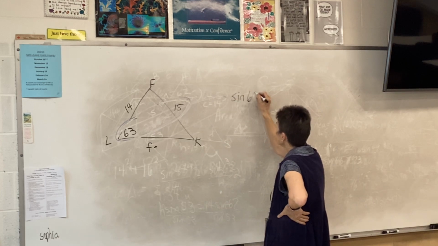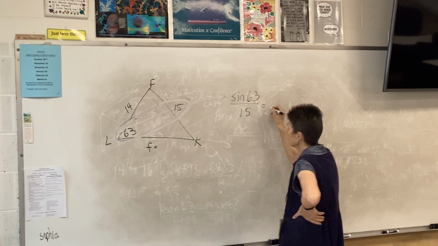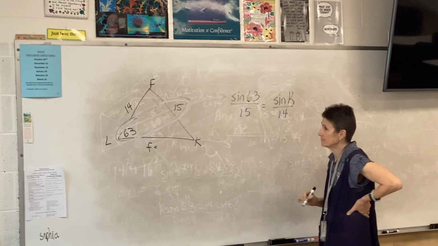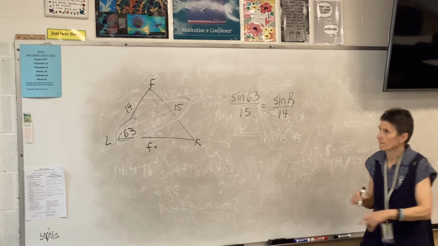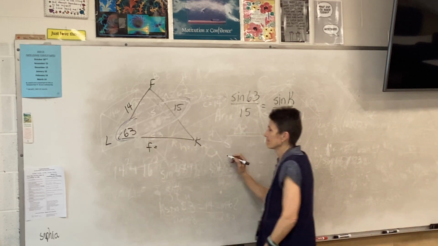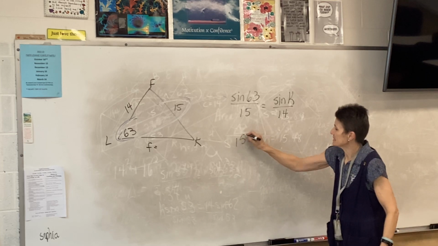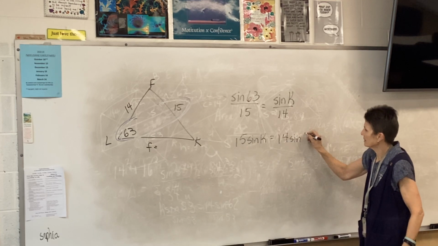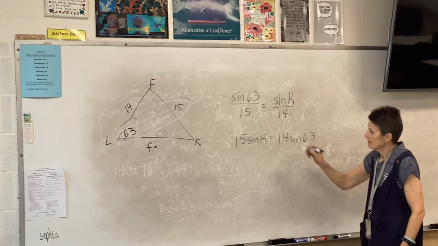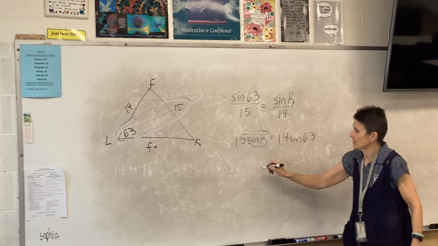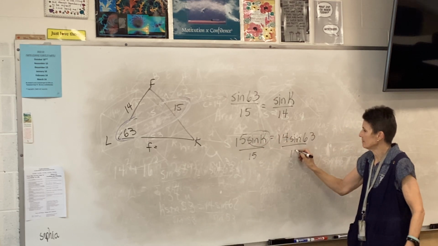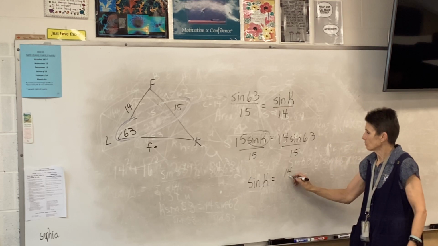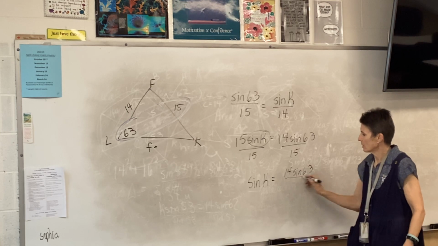Sine 63 over 15 equals sine k over 14. So 15 sine k equals 14 sine 63. Be careful, that whole thing is your variable, so you're going to divide by the 15. So sine k equals 14 sine 63 over 15.